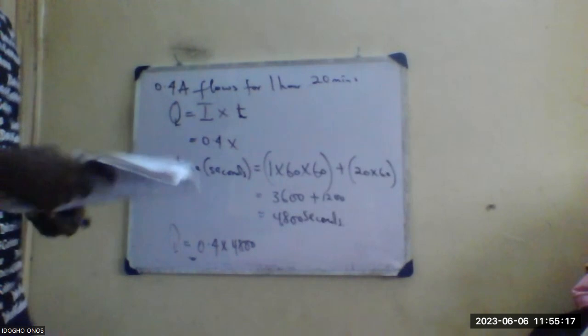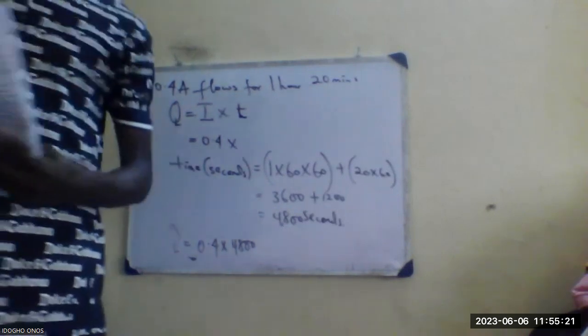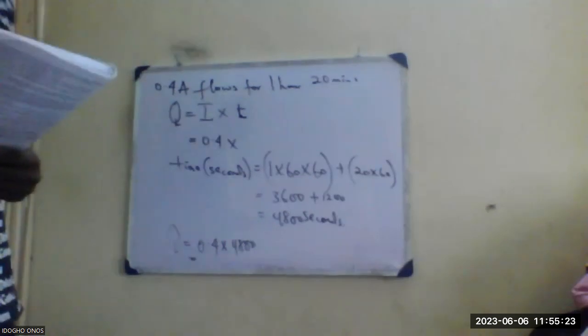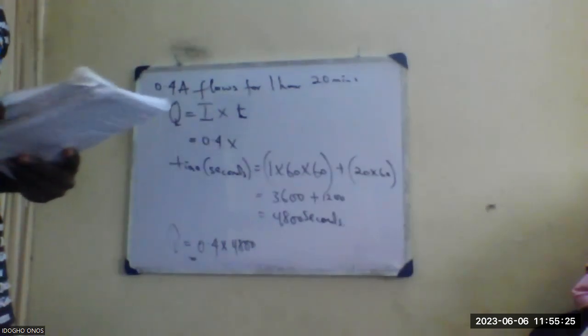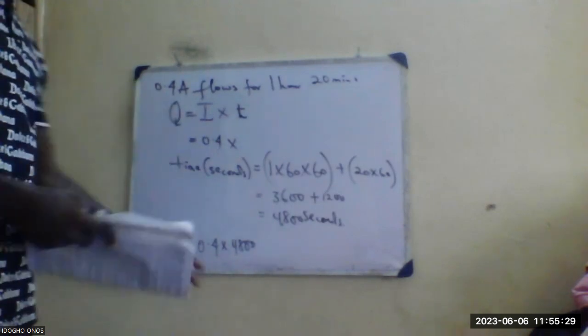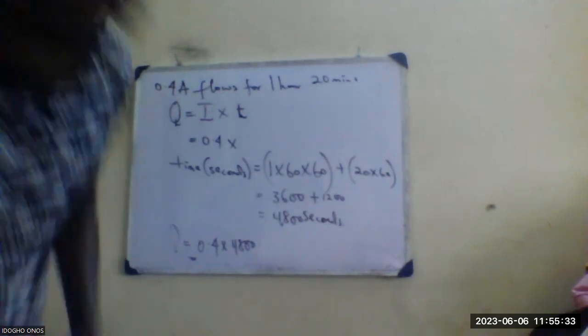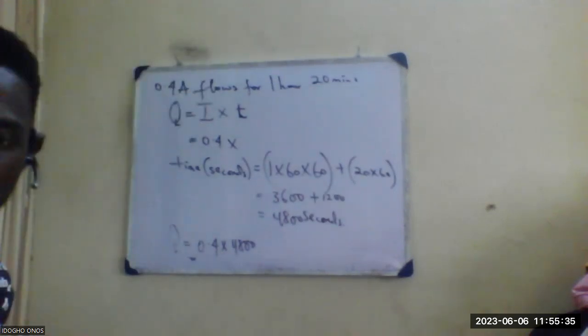If it's an objective question, you check the unit of your options. If they're in Faraday or in coulombs, then you should know what to do. But in this particular question, they are all in coulombs, so once you multiply, you leave your answer there. Any questions?